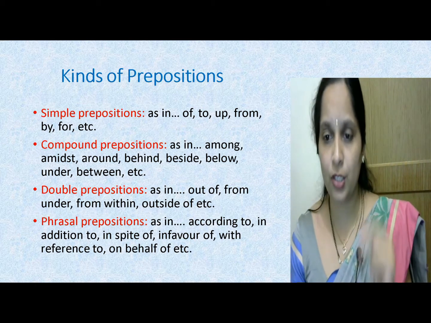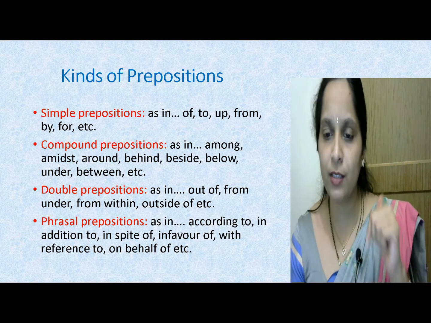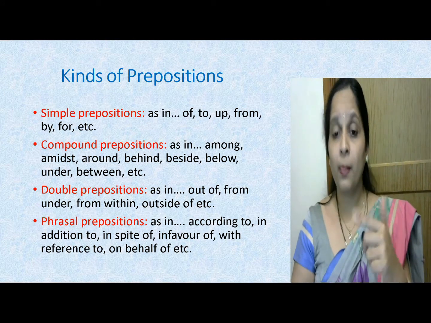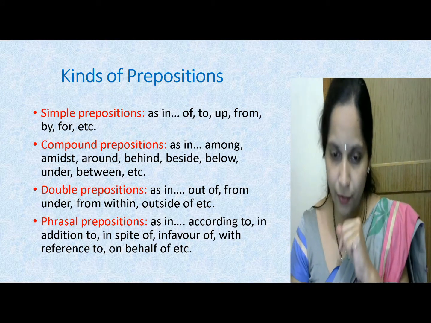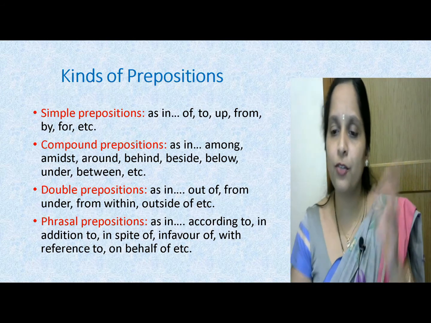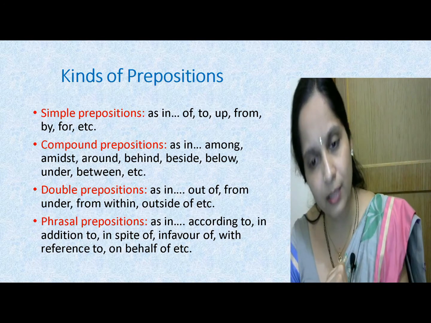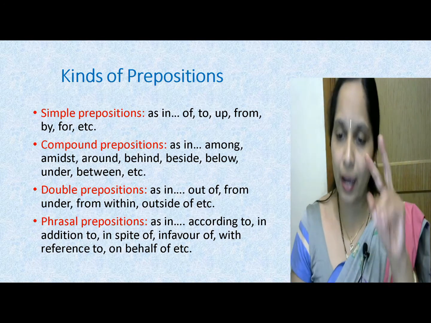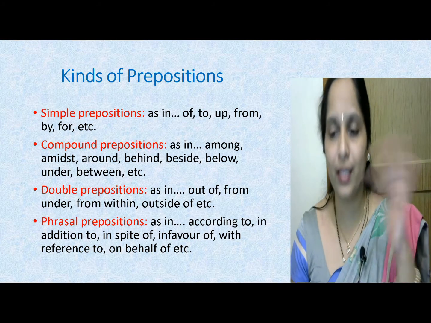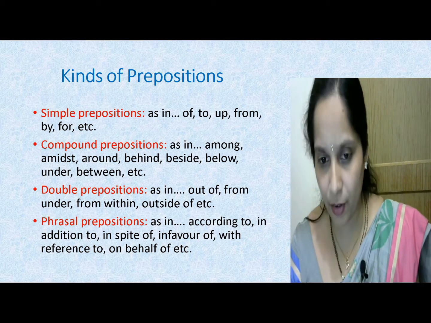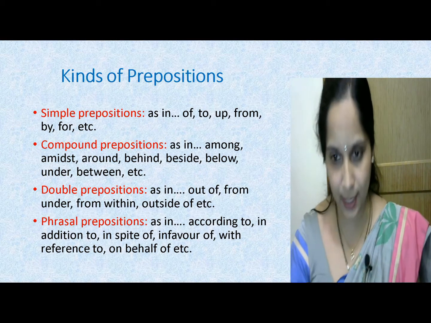A combination of two prepositions: out of, from under, from within, outside of, etc. Phrasal prepositions are a combination of a phrase and a preposition, which are according to, in addition to, in spite of, in favor of, on behalf of, etc.